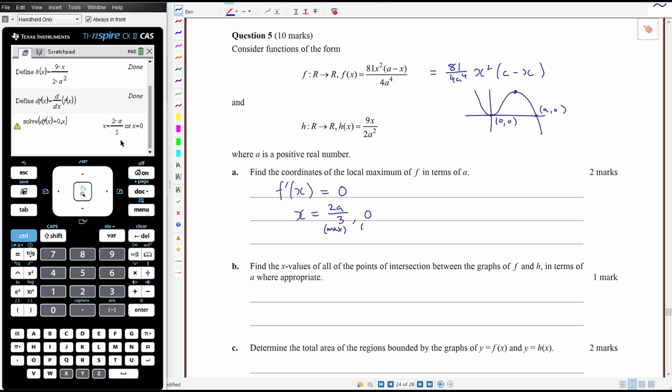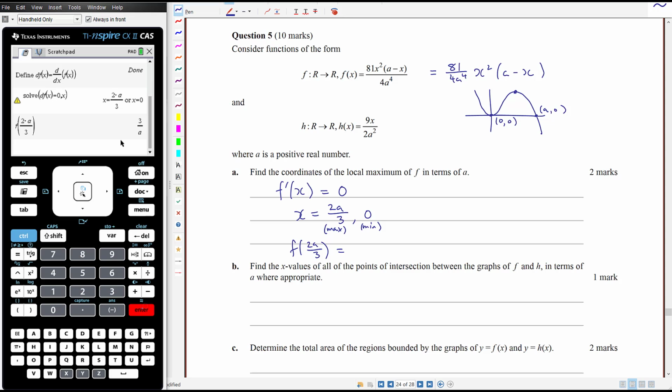So this one's the max and this one's the min, thinking about the graph. And so therefore we want to work out f of 2a on 3. f of 2a on 3 is 3 over a. Therefore the local max is at the point with coordinates 2a on 3, 3 over a.